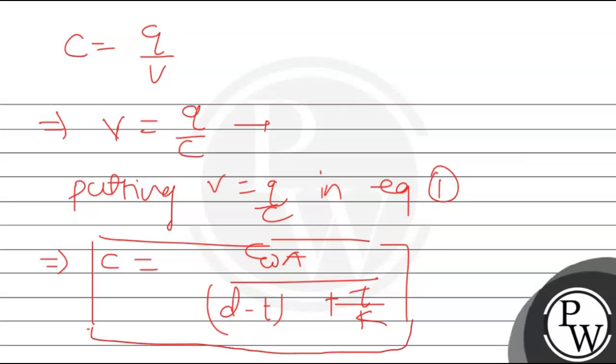Now we can see in this formula that it is not dependent on the charge. Capacitance is not dependent on the charge, and all the parameters, for example area, thickness and the distance between the plates, are constant.